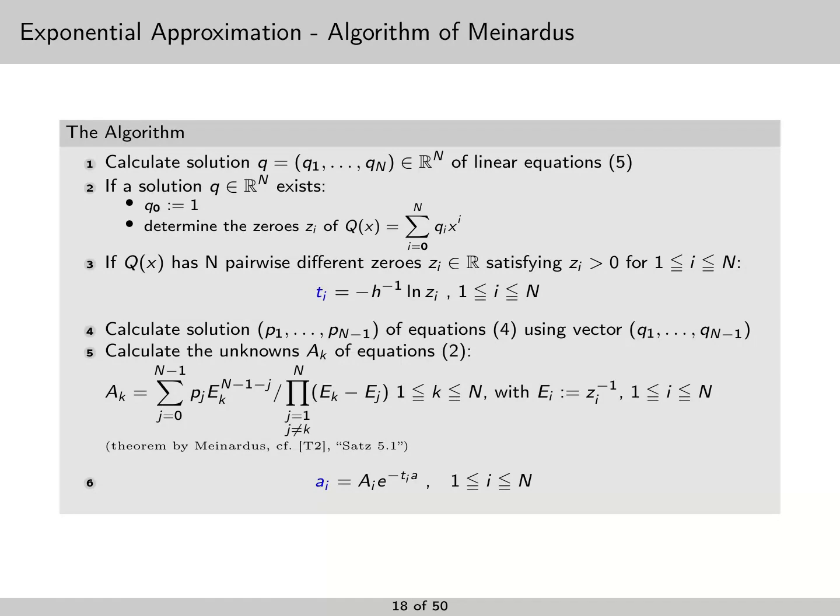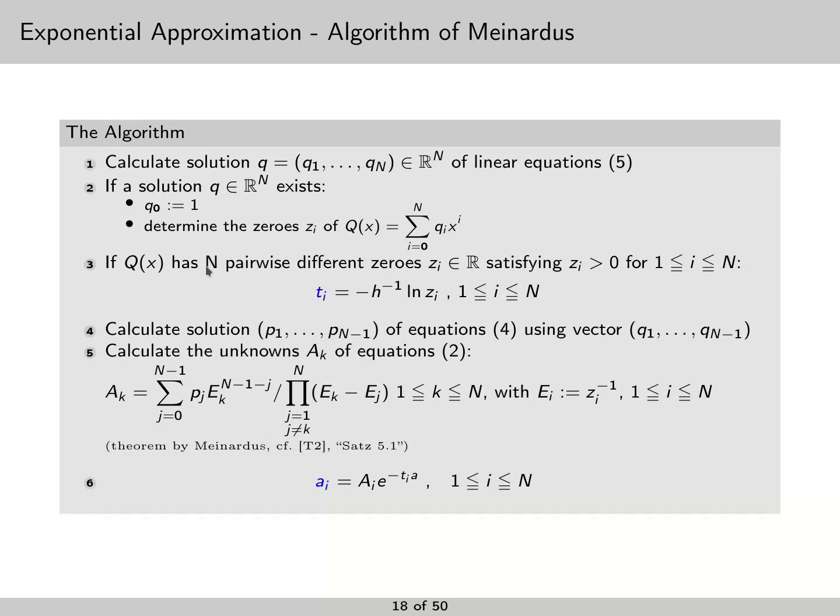This is the rationale for the following algorithm. First, solve the system of linear equations 5. The existence of a solution is not guaranteed. If there is no solution, the algorithm terminates with failure. If a solution exists, determine the zeros of polynomial q.